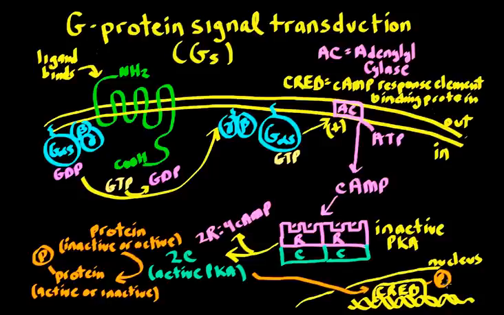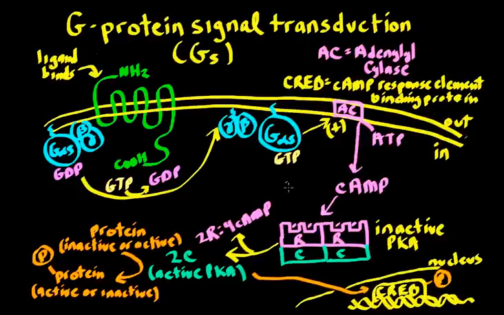All right, now that we've gone through the whole Gs pathway, it's important to remember that the take-home message is that we have a ligand binding the receptor, and the net effect ultimately is we want to modify proteins. Those proteins could be enzymes, channels, or transporters, but the end game is that we want to change the activity of proteins or even change the transcription of the protein inside the cell.